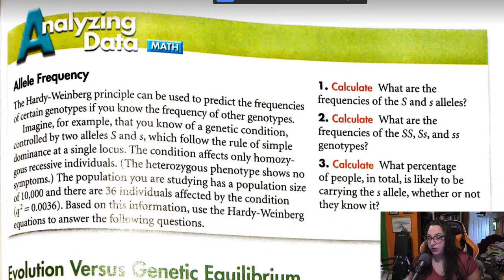What are the frequencies of the dominant homozygous, recessive homozygous, and the heterozygous? And then what percentage of people in total is likely to be carrying the s allele? So we need to find this and this frequency together. And this is a really standard presentation of this problem.